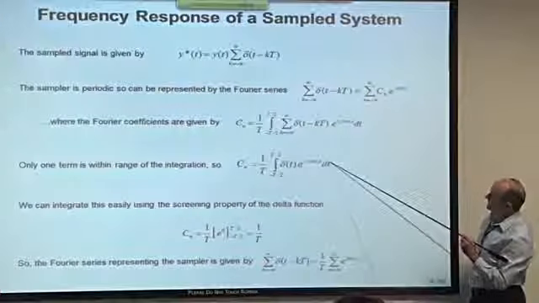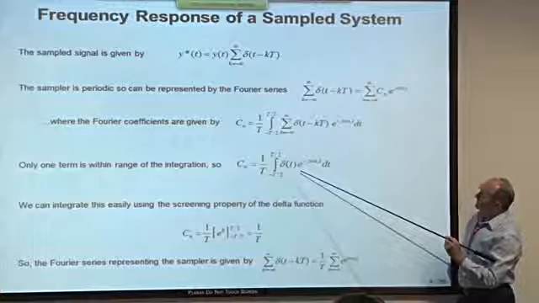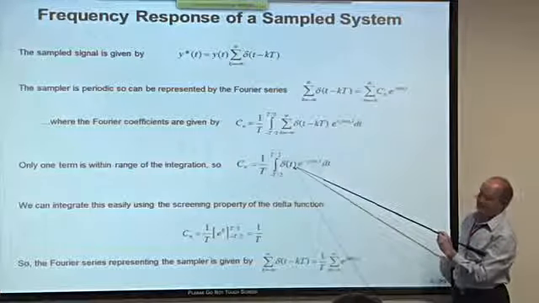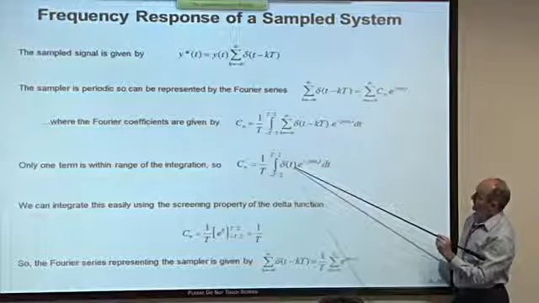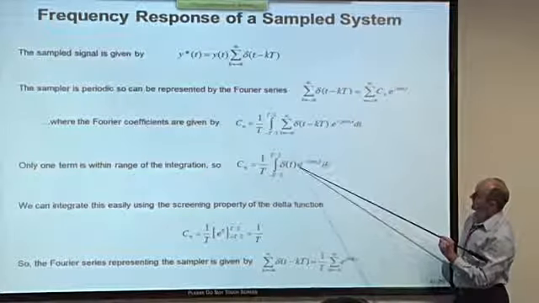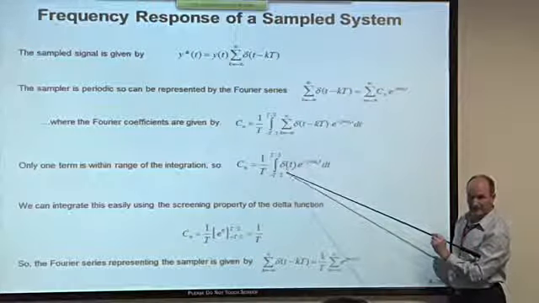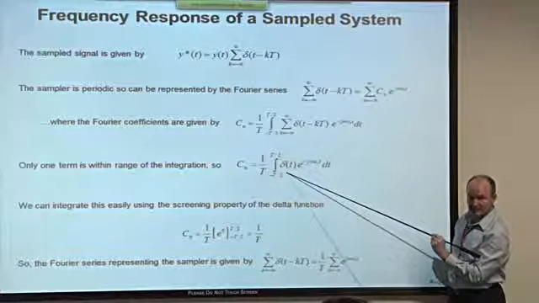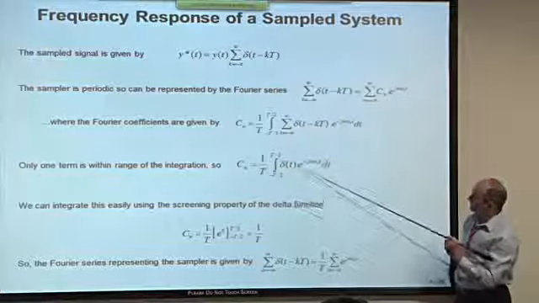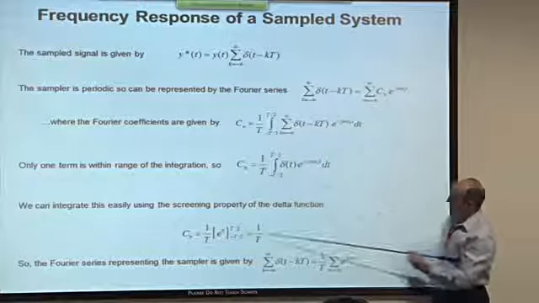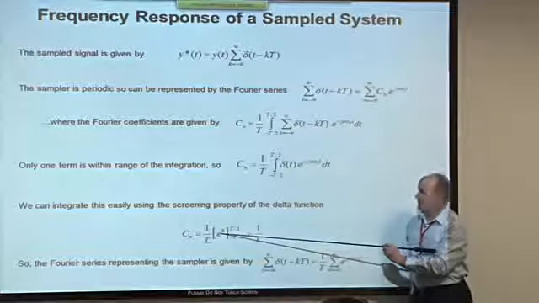Well, this is similar to the screening property, because remember, when we combine a delta function with a continuous function of time, which this is, we end up with the value of that continuous function of time at the time that we applied the delta function. Screening property tells us that. Well, what time did we apply it? Time t equals 0. So it's e to the power of 0. All these coefficients turn out to be 1.